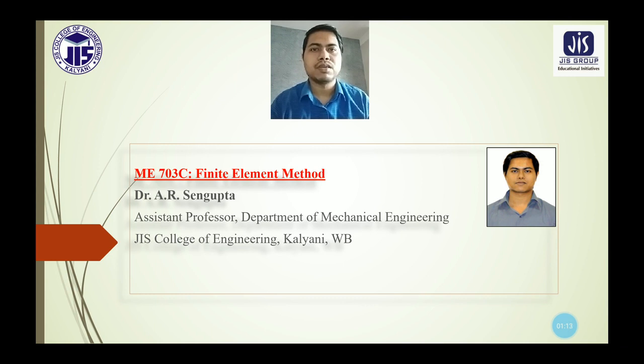One table regarding the Gaussian quadrature we have discussed in the earlier lecture. Now based on that formula and taking the help of that table, we will today solve different numericals based on the Gaussian quadrature. Okay, so let us start this lecture.